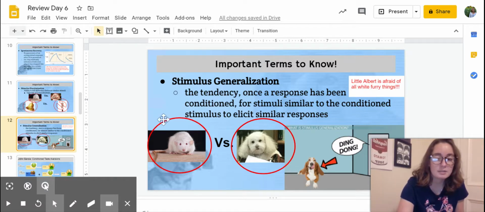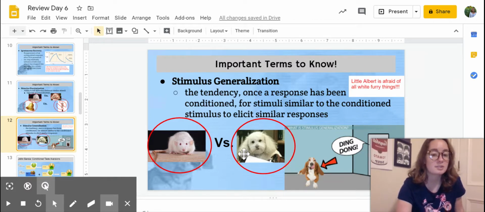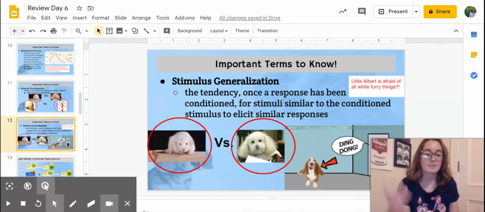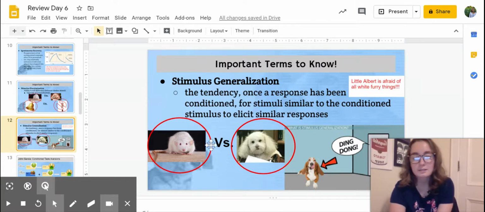So he's not only scared of just a little white rat, but he becomes scared of everything that's a similar stimulus that looks like it. So he becomes scared of things like Pooh the dog, a white bunny, a white blanket, whatever. He's overgeneralizing, and is becoming afraid of all white furry things.